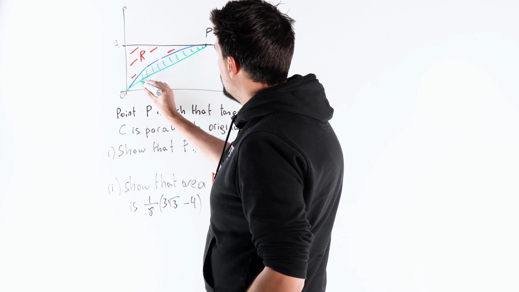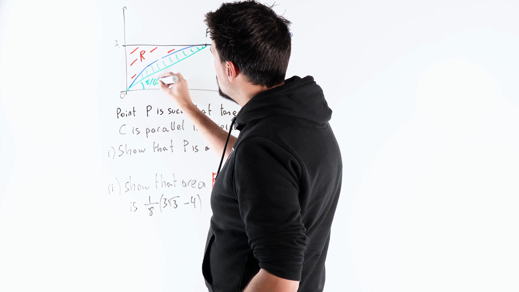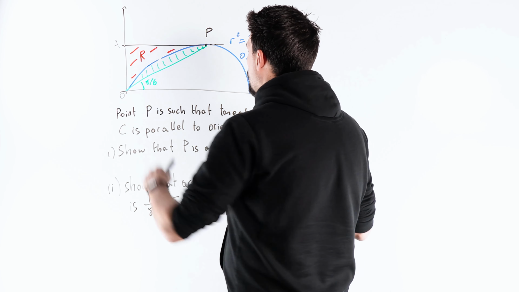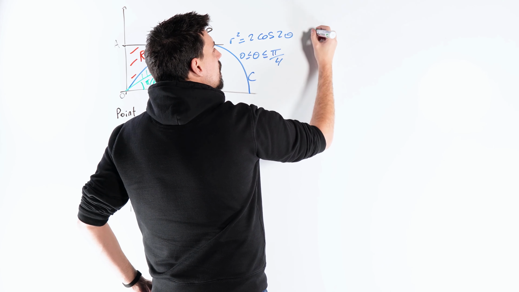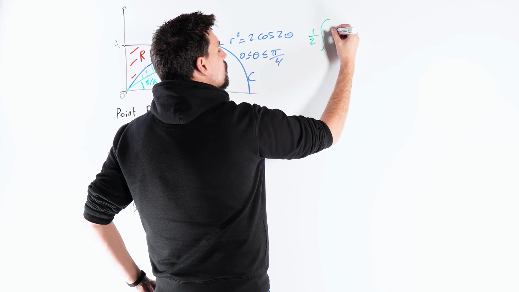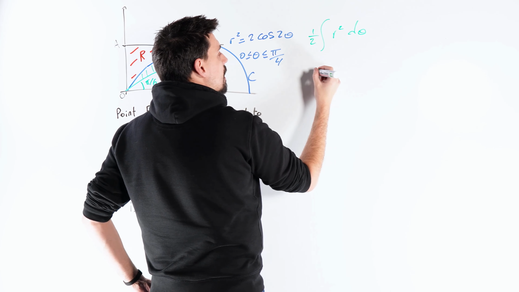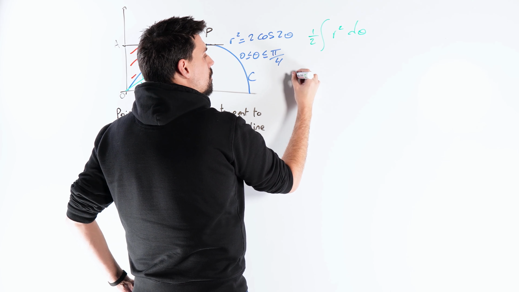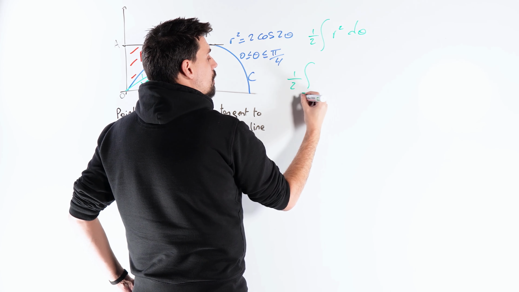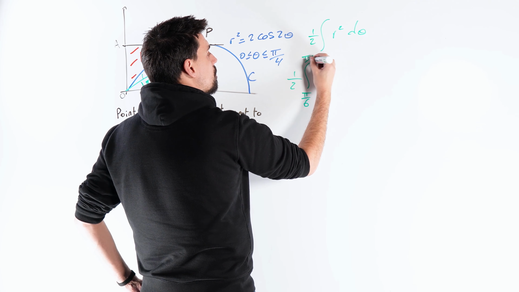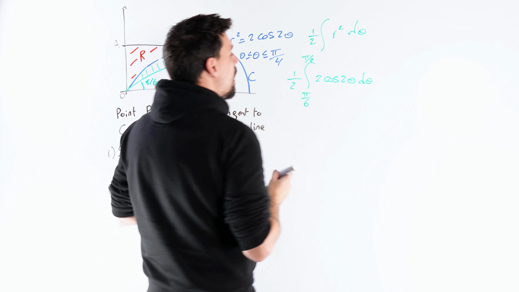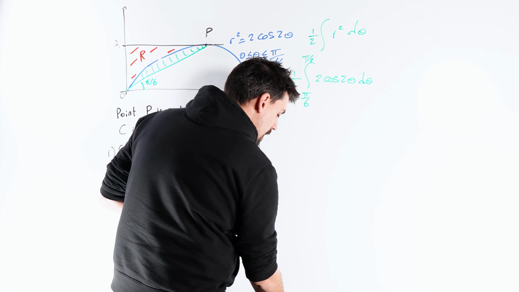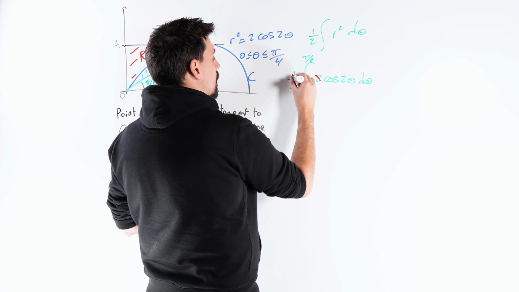So remember, P is at pi over 6, and we are going up to pi over 4. So the area of that sector, remember, is 1/2 the integral of r squared d theta. So we're going from pi over 6 to pi over 4 of r squared, which is quite handy for us.